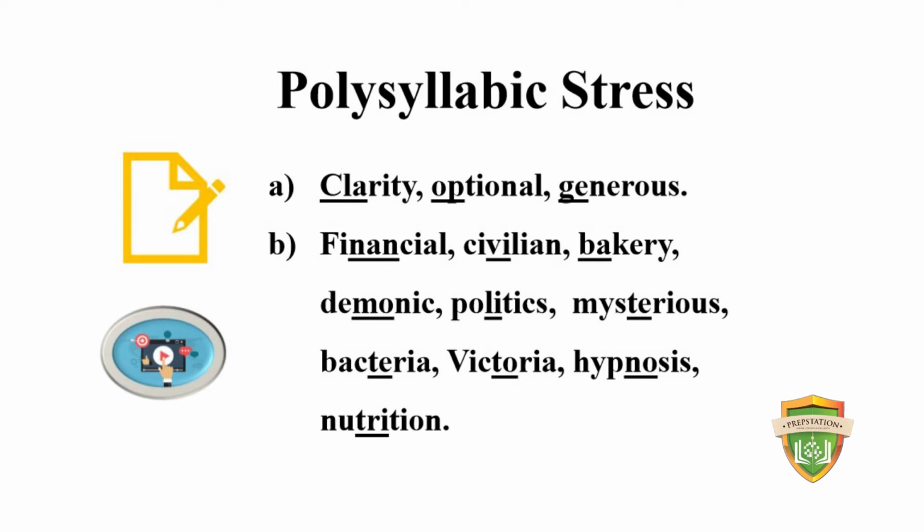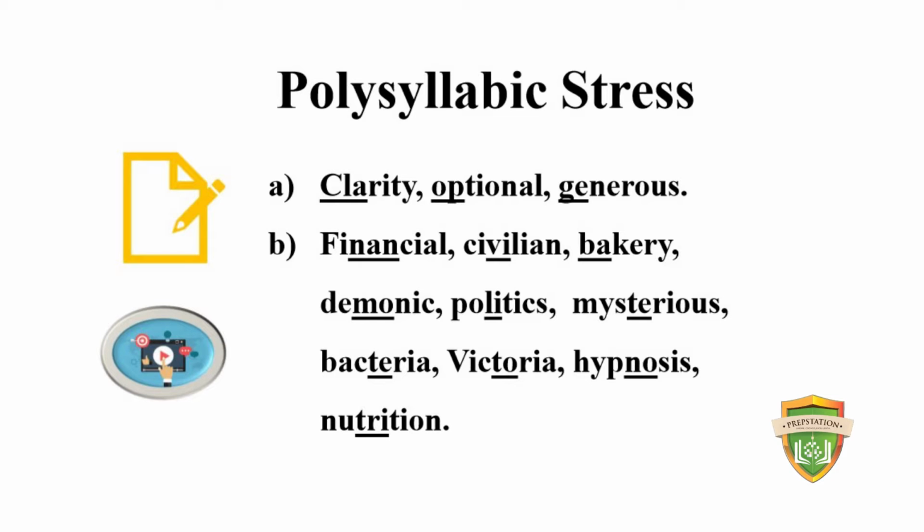The primary stress falls on CLA, clarity. So if you are counting from the end, TY syllable, RI syllable, then CLA syllable. So you have three syllables, and since the word ends with TY, then the primary stress has to fall on the third syllable: one, TY, two, RI, and then three, CLA, clarity.